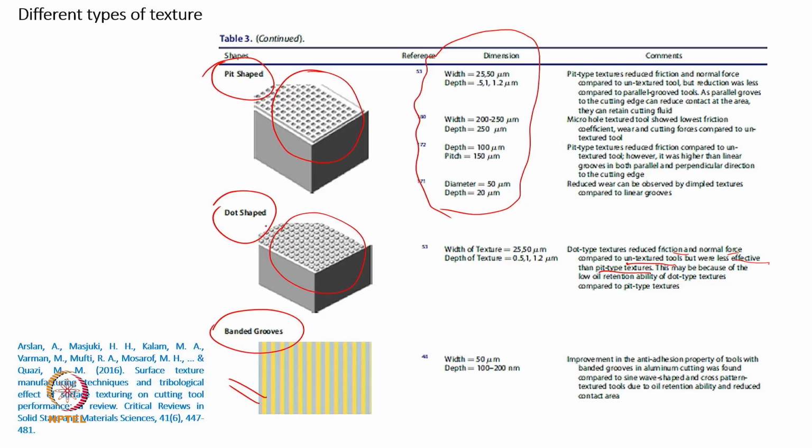So, naturally the dot shape for lubrication purposes will not be as good as a pit shape. However, compared to the smooth surface or the vertical grooves, naturally the dot shape is very good. So, from that point I will say, if I put a vertical arrow, performance will improve significantly. Of course, the cost also will increase in this manner.